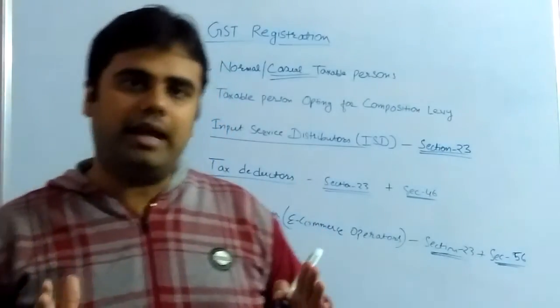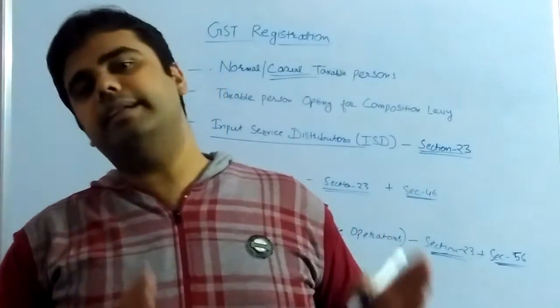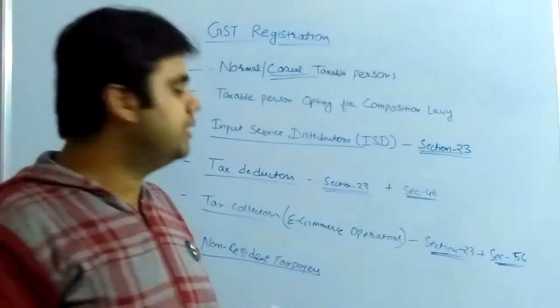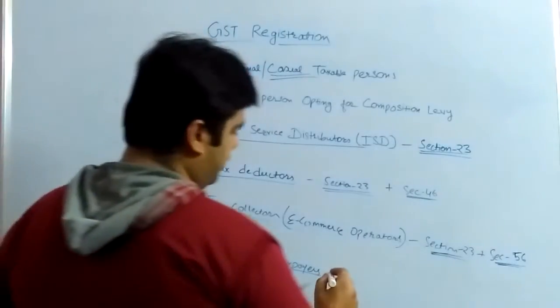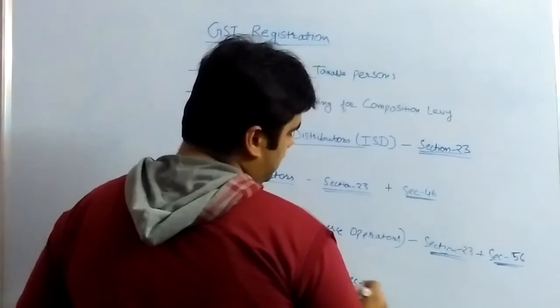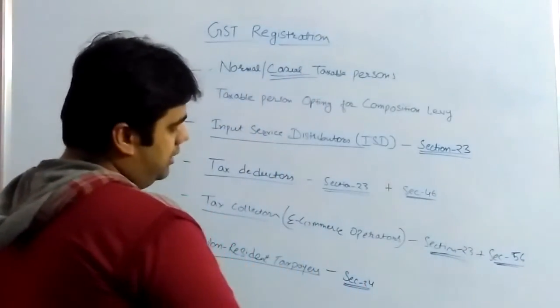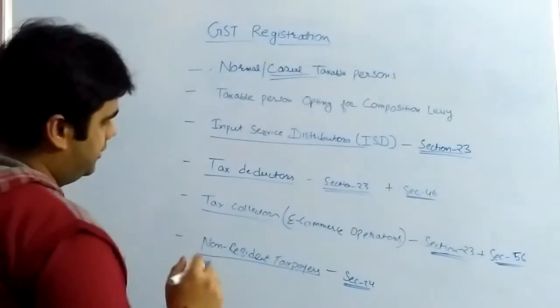It is 90 days at one instance, that can further be extended by 90 days more. So this again is mentioned under section 24. Section 24 talks about the registration requirement for the casual and the non-resident foreign taxpayers.